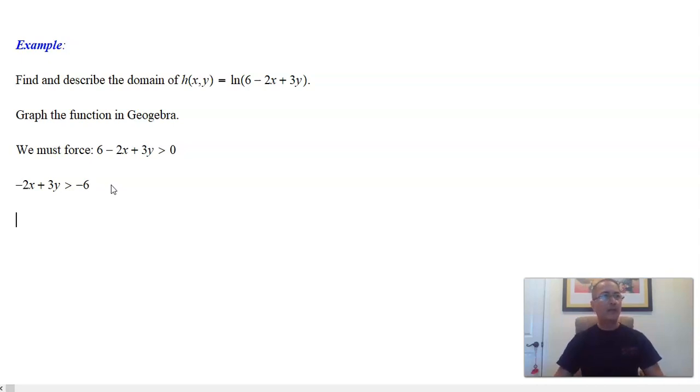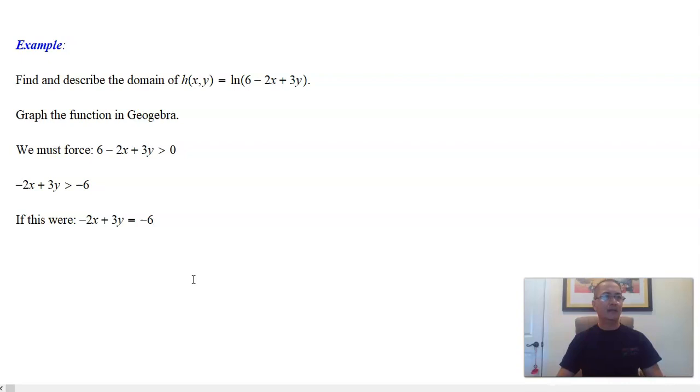Well, remember though how we said if we had equals 25, we would be getting a circle in our last example. So similarly, if this were an equation instead of an inequality, what does that look like?